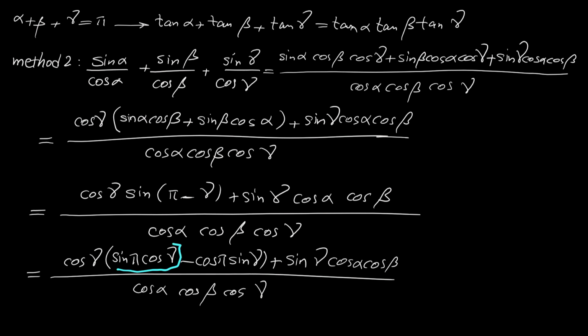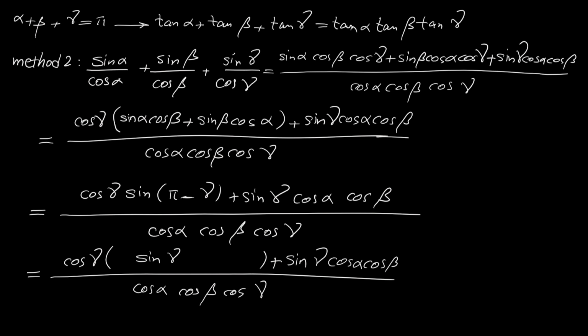This term is 0 because sine of pi is 0. Cosine of pi is negative 1, negative times negative is positive 1, times sine of gamma is sine of gamma. So we can erase everything that we have here, and we can write instead of all of this only sine of gamma.